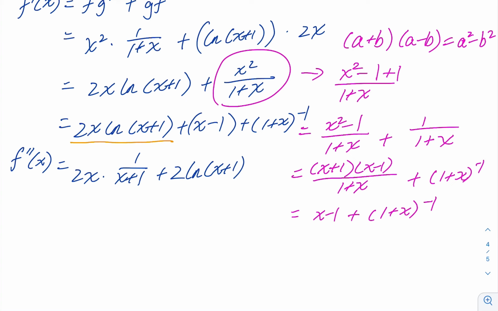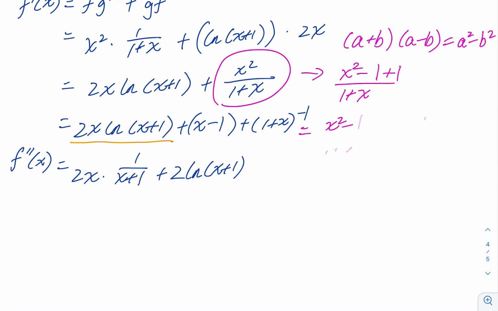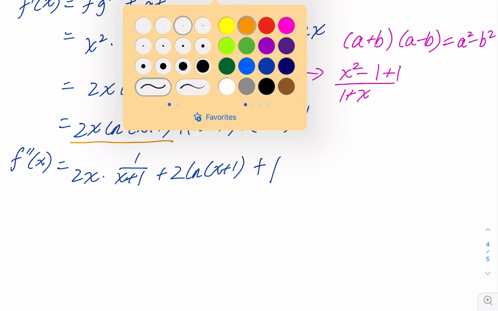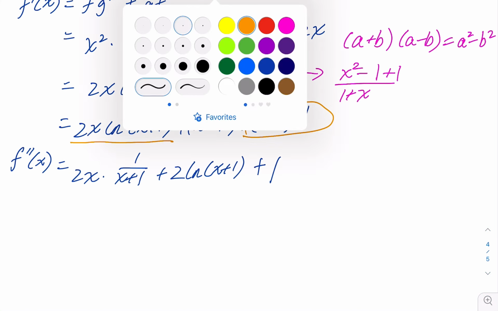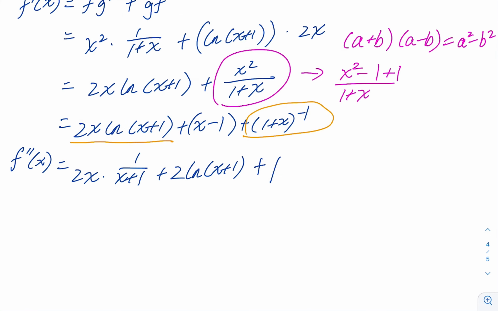I'm just going to rub these out to give me more space. And then we differentiate x. x is 1. Minus 1 is 0, so we don't differentiate that. We ignore it. Then we can differentiate this thing. Chain rule.